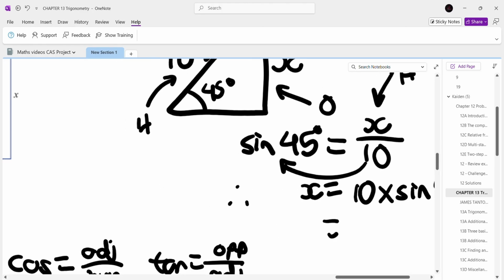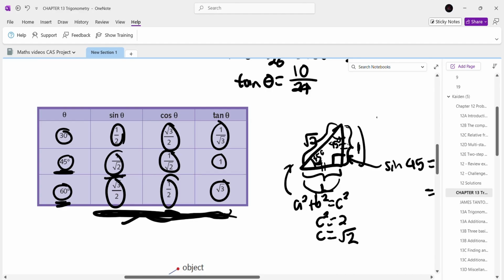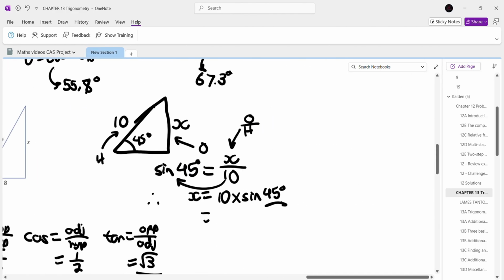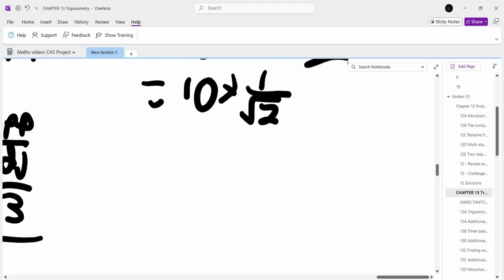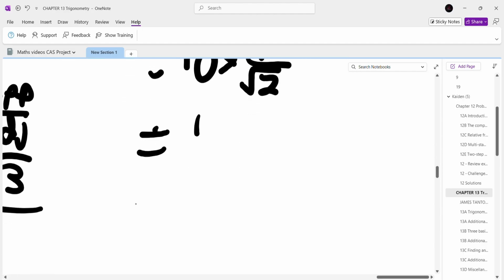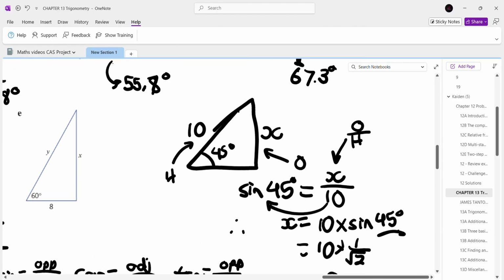Remember that sine 45 is one of our handy trig ratios: sine 45 is equal to 1 over root 2. So our answer is 10 times 1 over root 2, which is 10 over root 2. You can simplify this down if you have a calculator, but this is the side length of x.